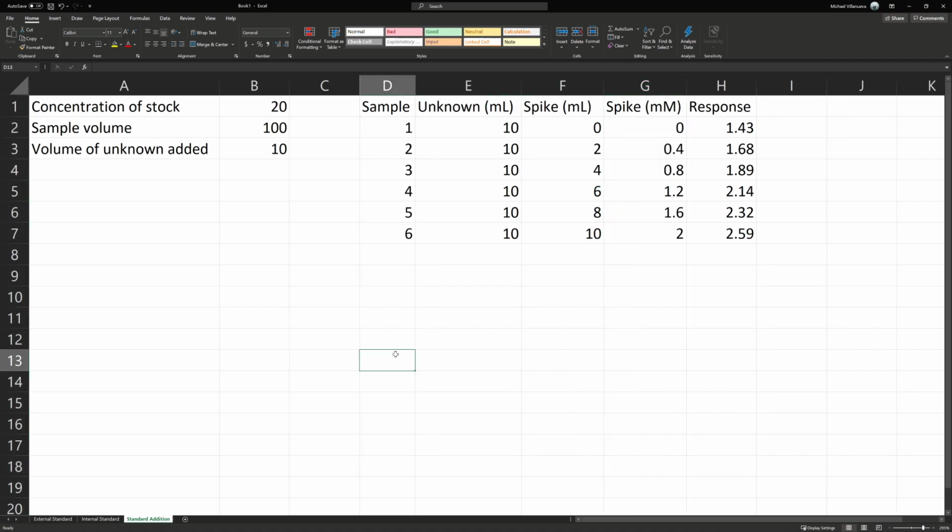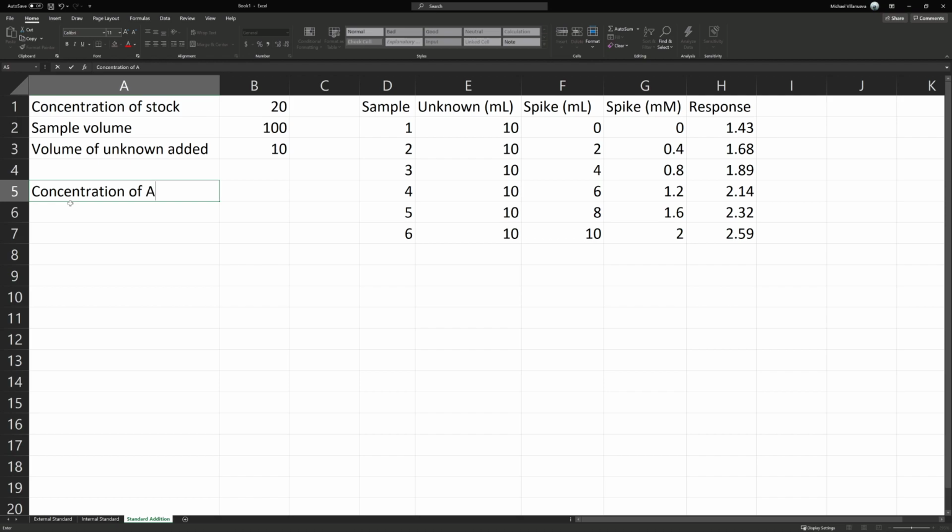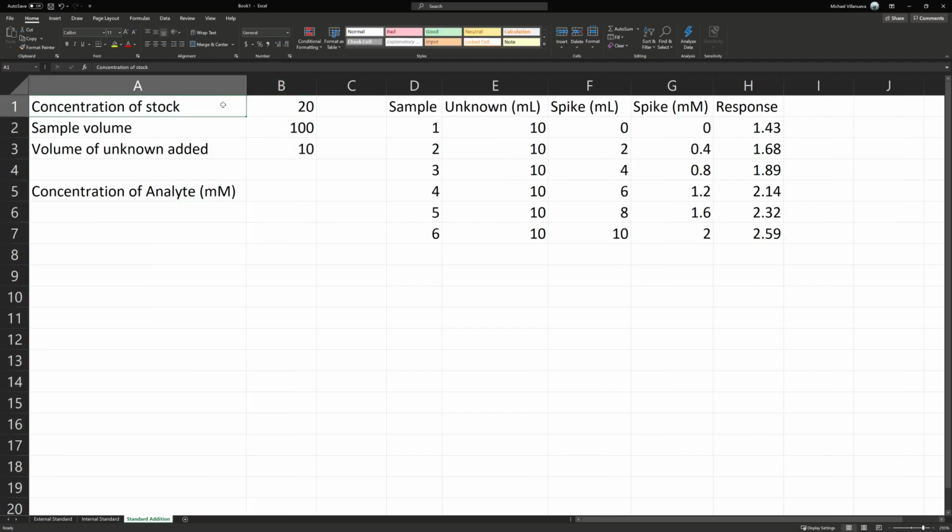So at this point, we can set up our calibration curve. Actually, add one more thing: concentration of analyte.